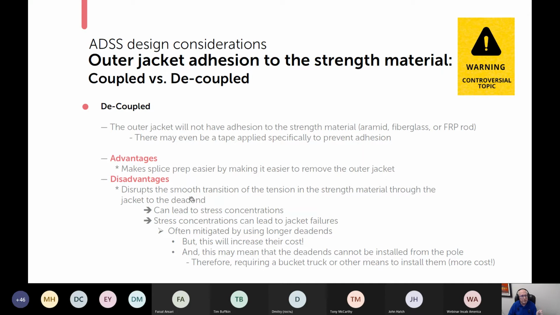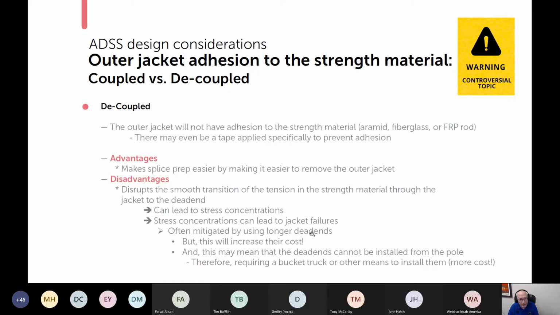And that does make splice prep easier, because it makes it easy to remove the outer jacket, but it is disrupting that smooth transition of the tension in the strength material through the jacket to the dead end. And as a consequence of that, you can get stress concentrations, and stress concentrations can lead to jacket failures. Now, the cable suppliers that do this will say, well, you just have to use a longer dead end.